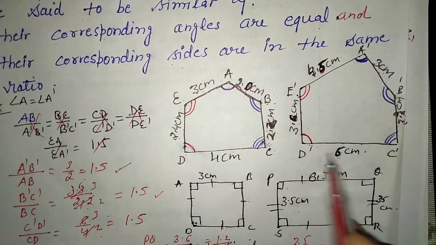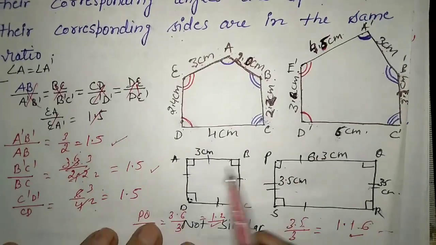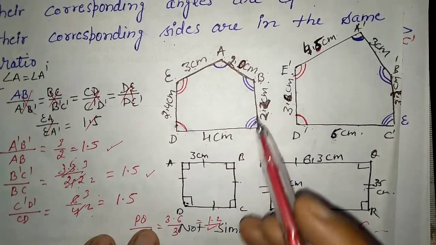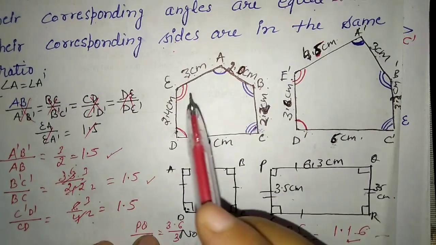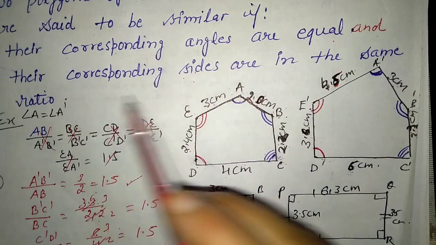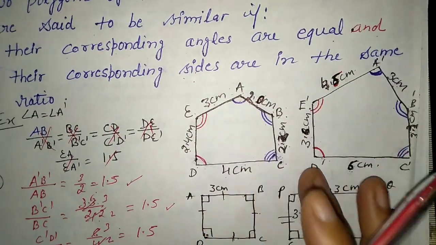Similarly, C dash D dash upon CD is 6 upon 4, again 3 by 2, that is 1.5. Similarly we can check the other sides. So both conditions are satisfied: the corresponding angles are equal and the corresponding sides are in the same ratio. It means both the figures are similar.